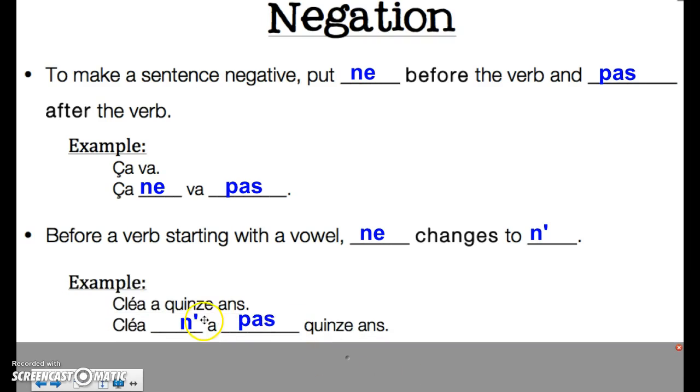So if I did not change the ne to n apostrophe here, it would say Cléa ne a pas 15 ans. That is very hard to say. And it's much easier to say Cléa n'a pas 15 ans. That is much easier to say. N'a pas is easier to say, and it sounds smoother, it sounds better than saying ne a pas. And that's going to be the point of changing our ne to an apostrophe.